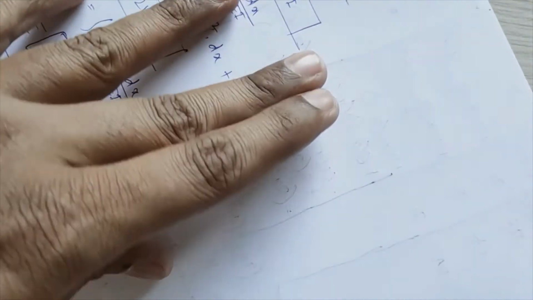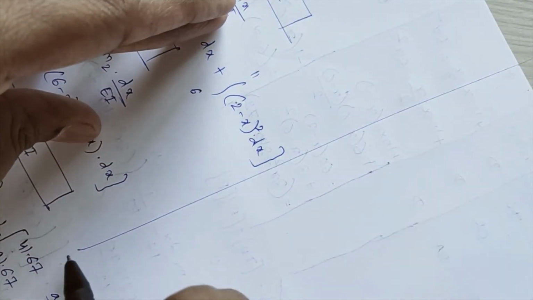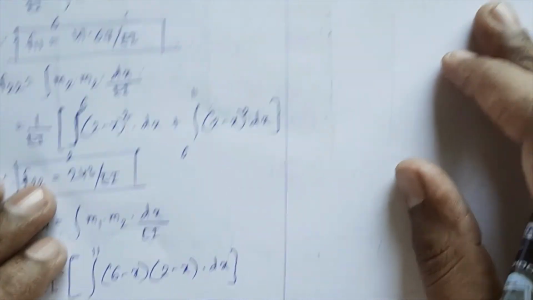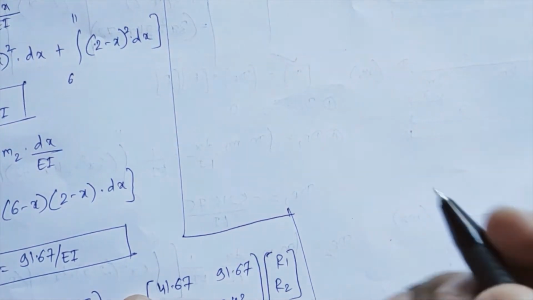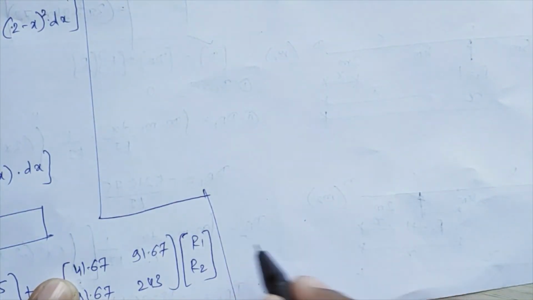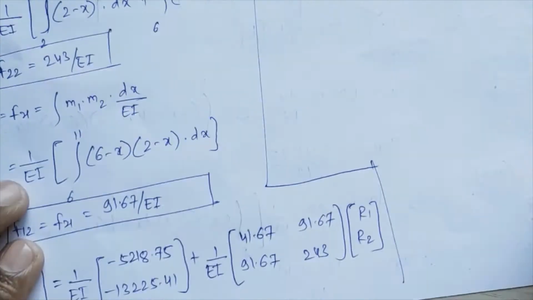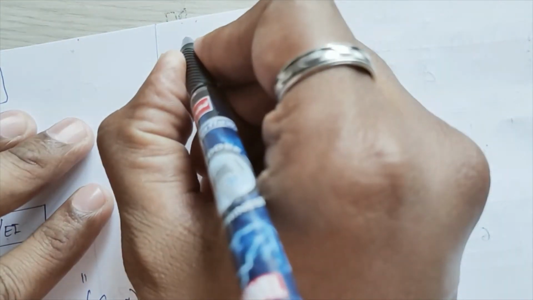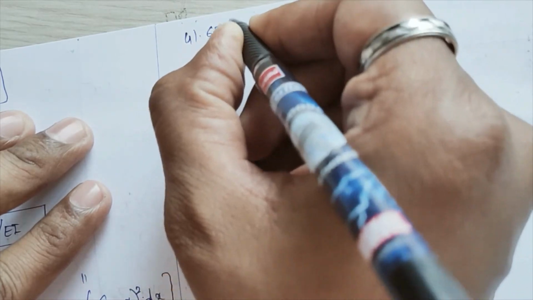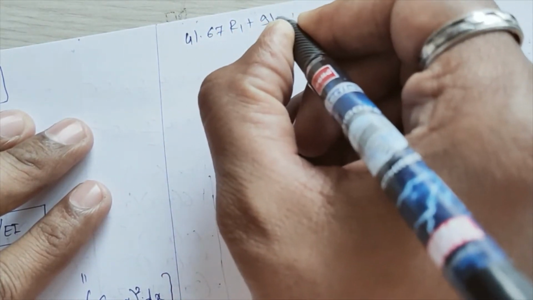Okay, so I'll get two equations from this. The first equation I'll get as row multiplied by column. Here I'll write those equations: 41.67 of R1 plus 91.67 of R2.